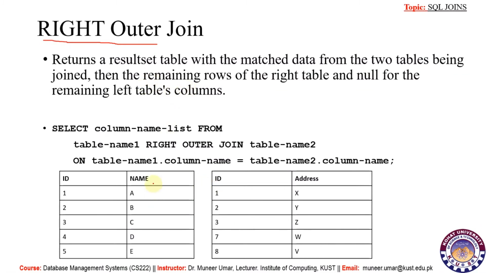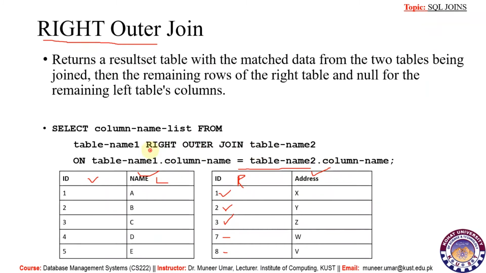Now consider this. Suppose this one is left table and this one is right table. So in case of right outer join, we will consider this table as a primary table. So here we will have the matched data from this table, that is 1, 2, 3, and unmatched data 7, 8 will also be present in the result, but for 7, 8 we will have null for those values which are not present in this table. Suppose we have a query: select ID, name and address.